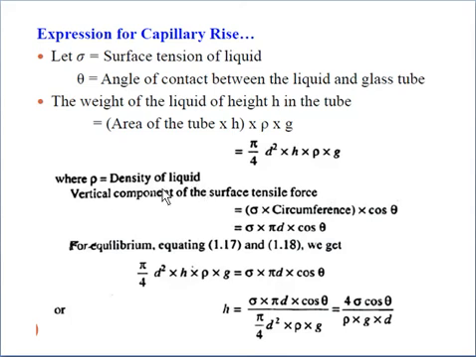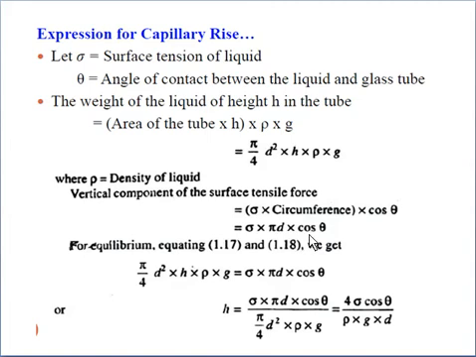Next, the vertical component of the surface tension force is sigma into circumference into cos theta. Circumference is given by pi d. So it is sigma into pi d into cos theta.